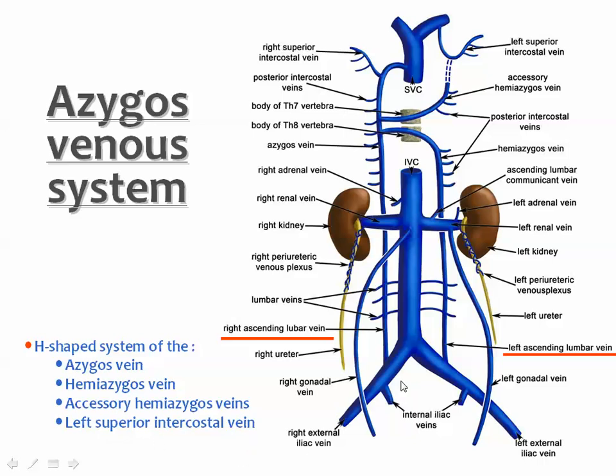The azygous vein is made mainly by the right ascending lumbar vein as well as some of the intercostal veins and the right subcostal vein. This big vein will ascend alongside the aorta and go through the diaphragmatic hiatus until it joins the superior vena cava.